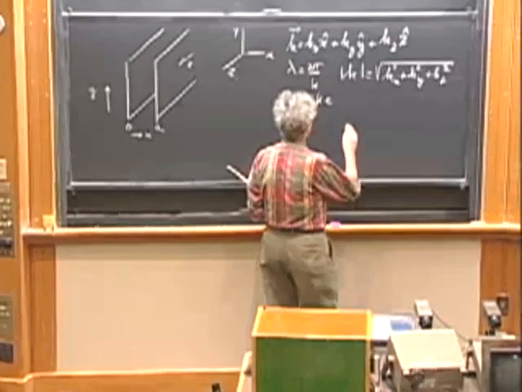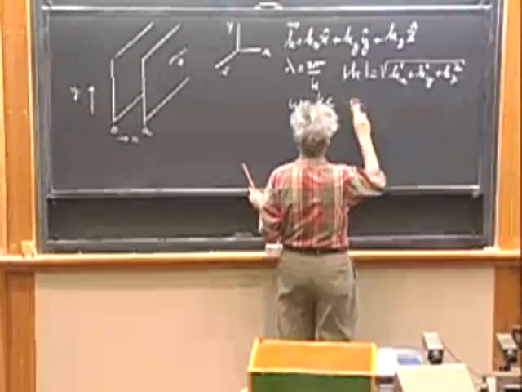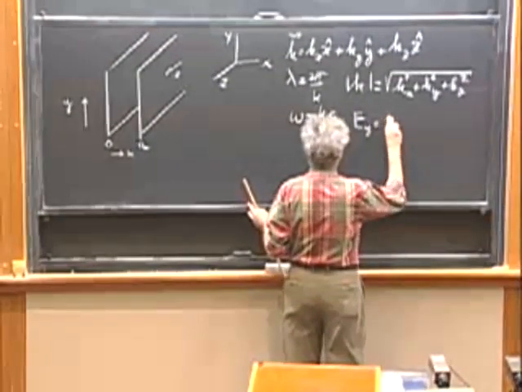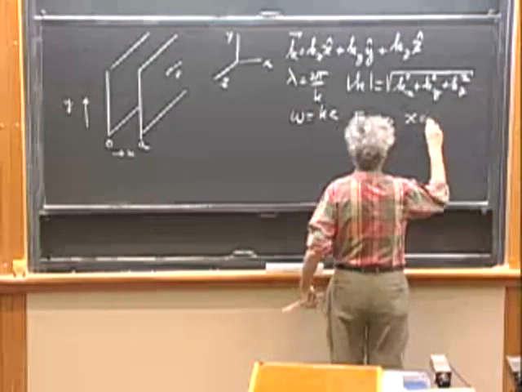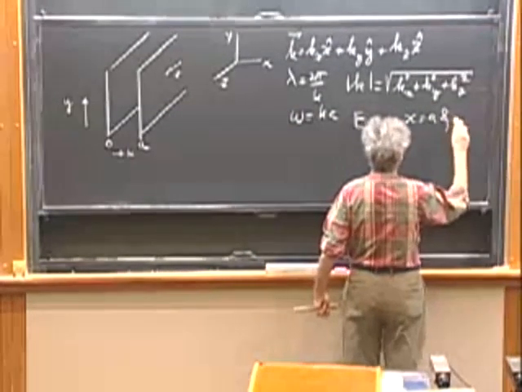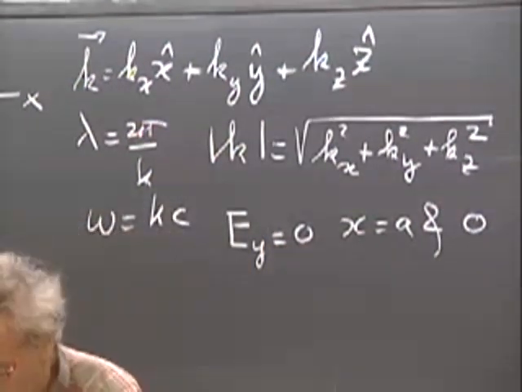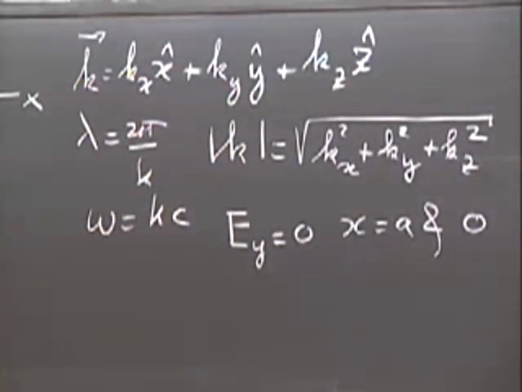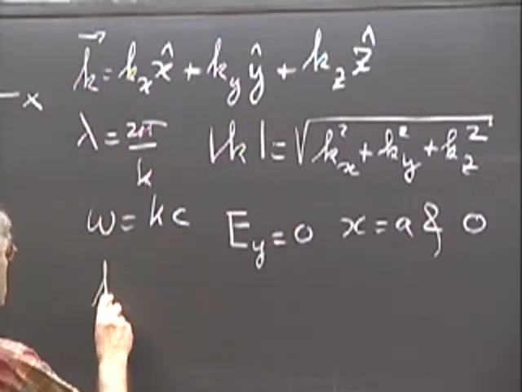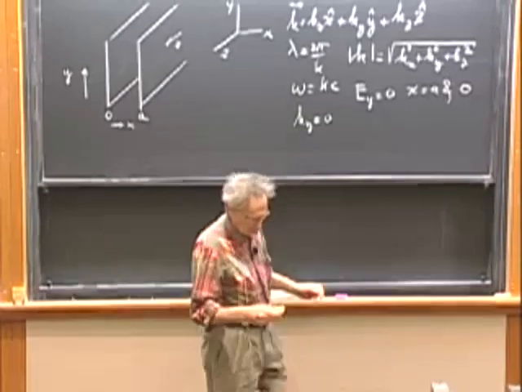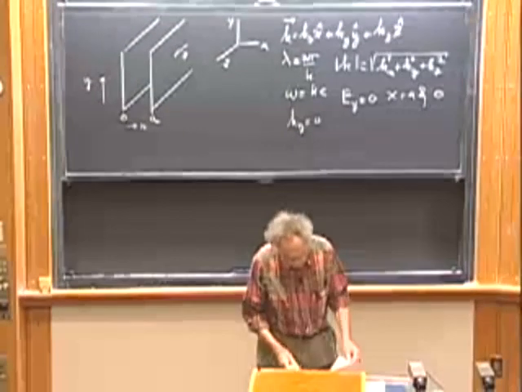And so for this case, whereby we only have radiation linearly polarized in the y direction, E of y must become 0 for x equals a and for x equals 0. Since there is no dependence of the E field in the y direction, k of y will be 0. And you will see that come back many times in this problem.